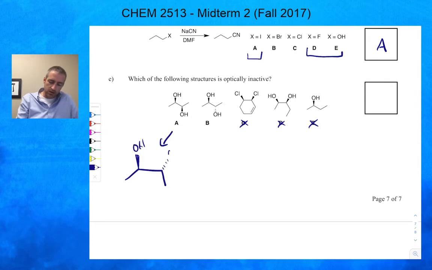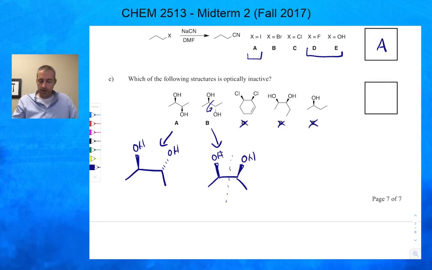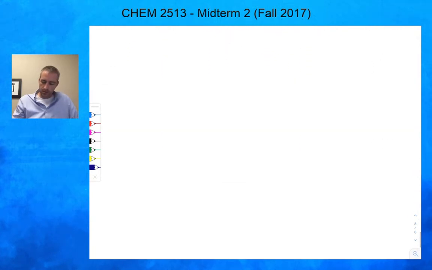That would flip the OH over. So that does not have a mirror plane. B, however, does have a mirror plane if you rotate it around that bond 180 degrees. So B is optically inactive and it's meso. And we're done.